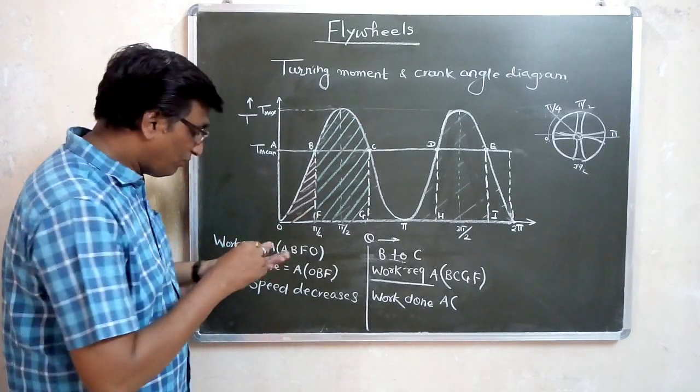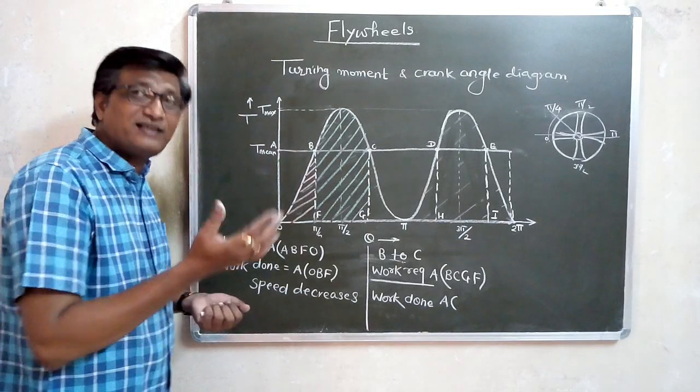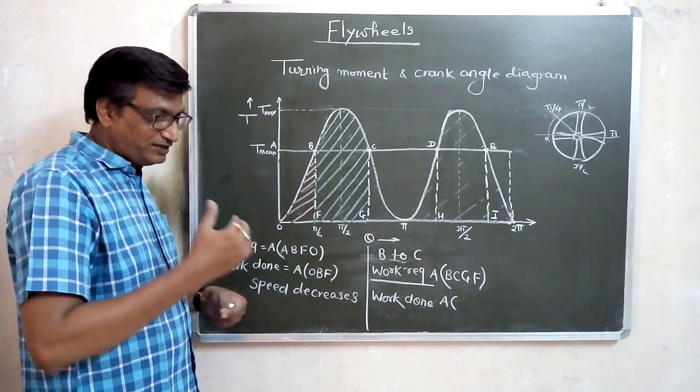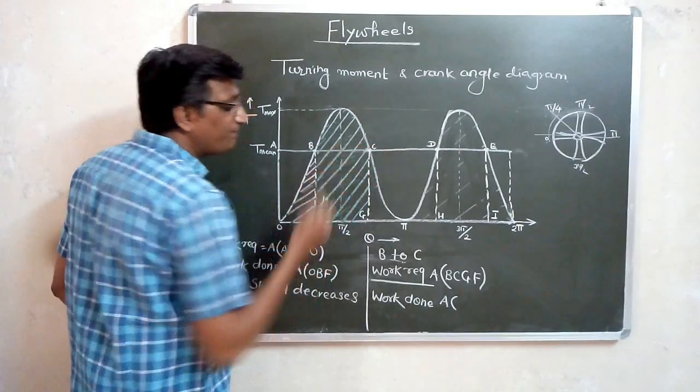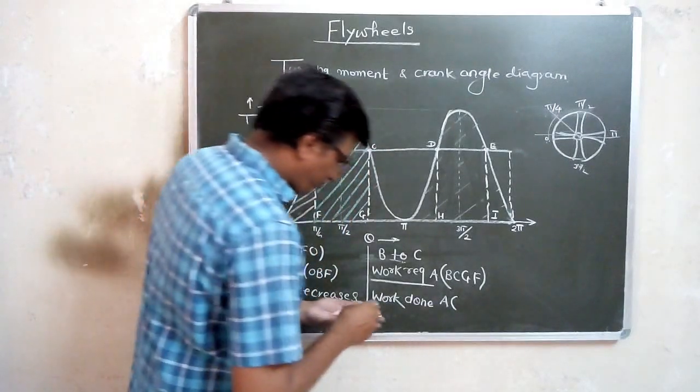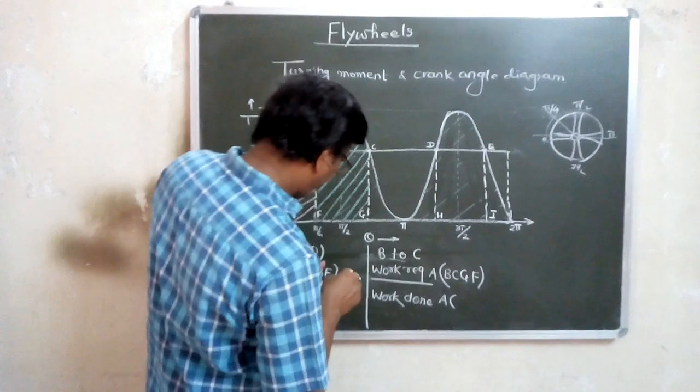As the energy is stored by the flywheel, what will happen? Its speed goes on increasing. From B to C, speed increases. So this is the work done area.